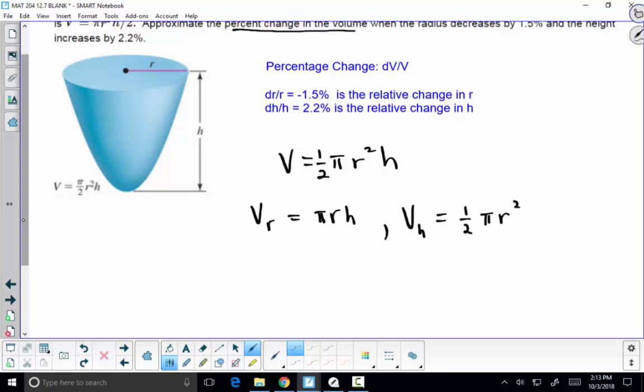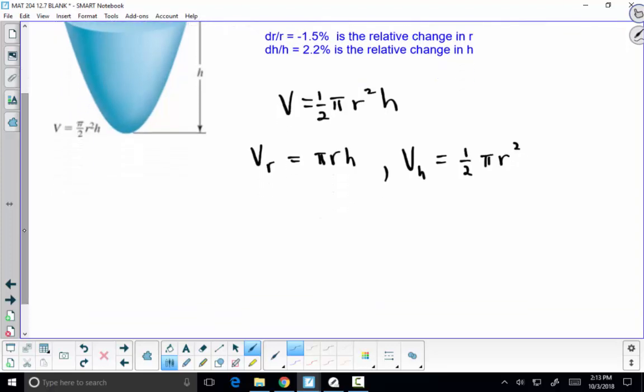Not in this one. I think I know the one you're talking about, but that's a little different than here. Here we're not thinking of r and h as functions of t or anything, so we don't have to do the chain rule. If this said find dV/dt, then what you're saying is absolutely right. Then we'd have to do a dr/dt and a dh/dt if r and h were functions of t. But not in this one.